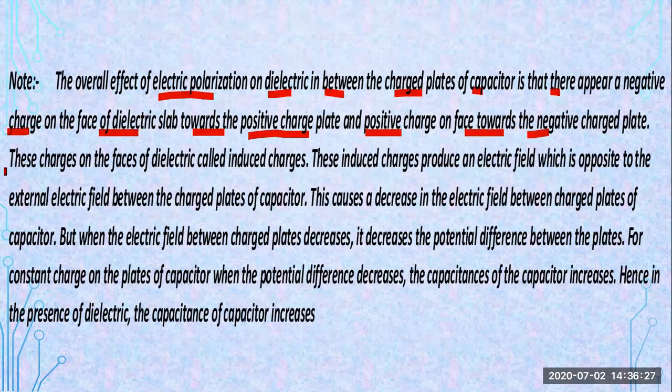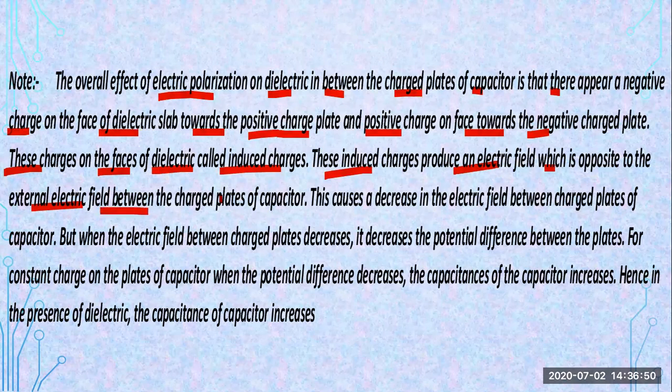These charges on the faces of the dielectric are called induced charges. These induced charges produce an electric field which is opposite to the external field, the field due to the charged plates.